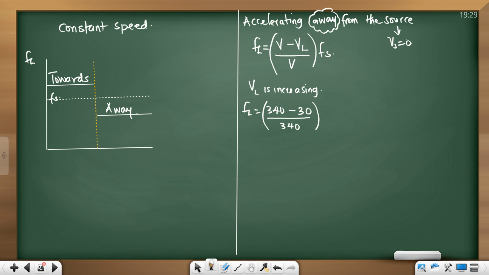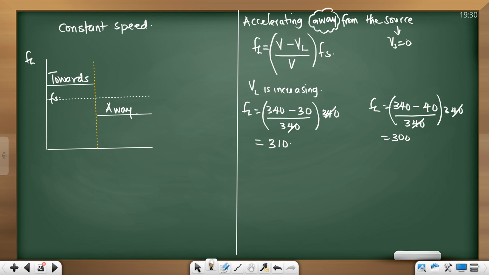Give it any number. Let's make it 340 so that it can cancel out quickly. What is your answer? 310. Now, let's increase VL. 340 minus 40 over 340. This one is still constant. I want you to be skillful. What's your answer? What do you notice happening to the frequency of the listener?